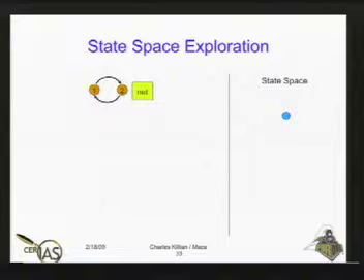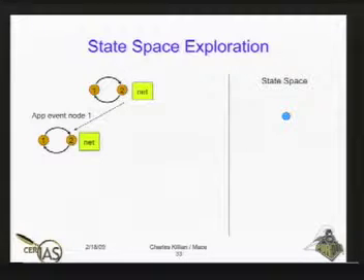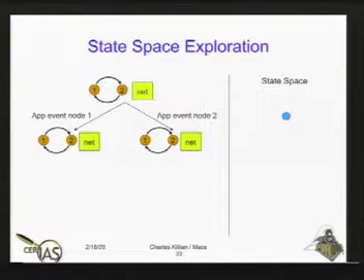So we start from the initial state, which is we've just booted the two nodes, and there are no messages in the network. We can either initialize node 1, or we can initialize node 2. These are the only two things that can happen on an execution of length 1. And doing so, we have explored the entire state space of length 1. We'll now proceed to explore the state space of all executions of length 2.